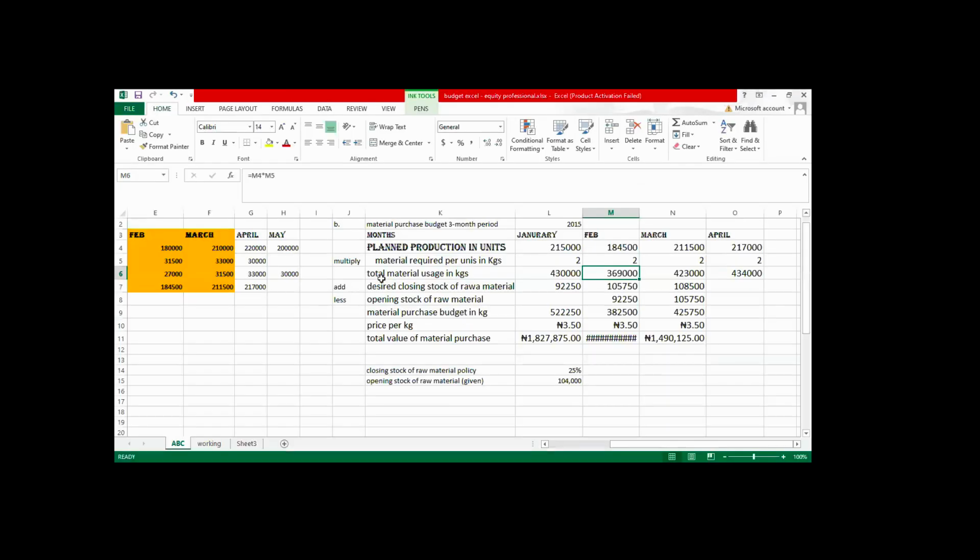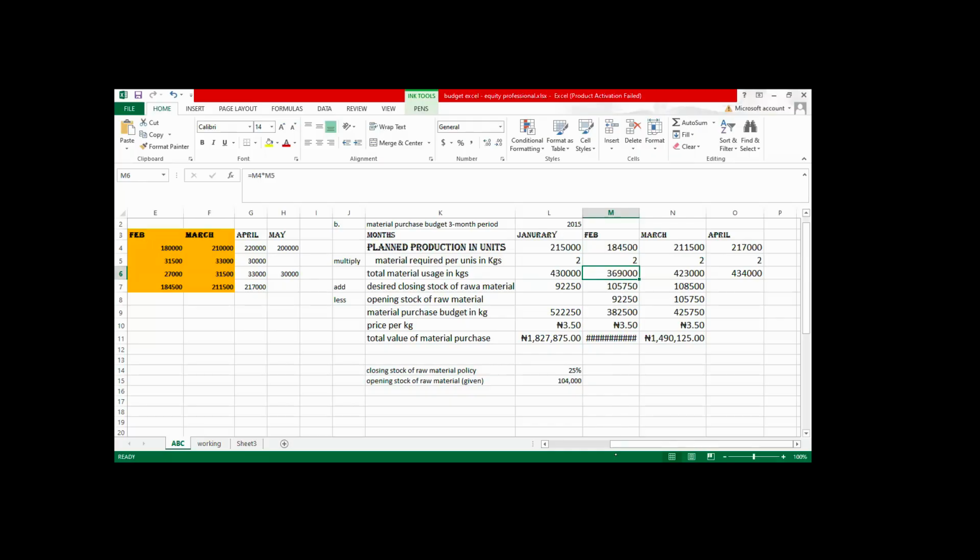Total material usage in kg for January is 430,000. The month following January, February, is 369,000.